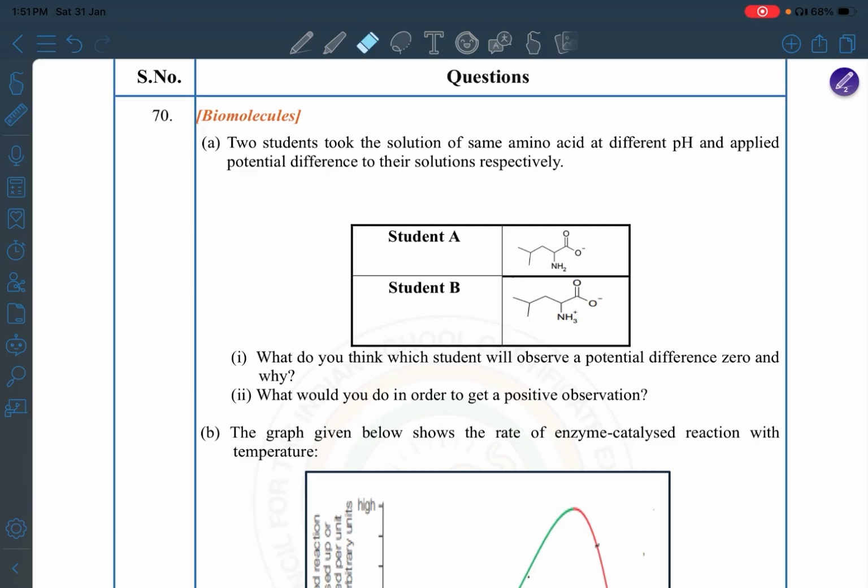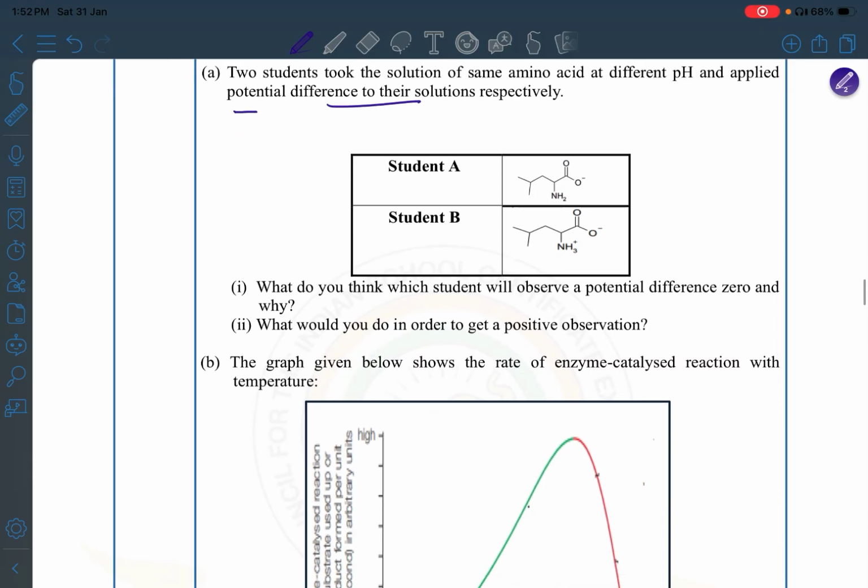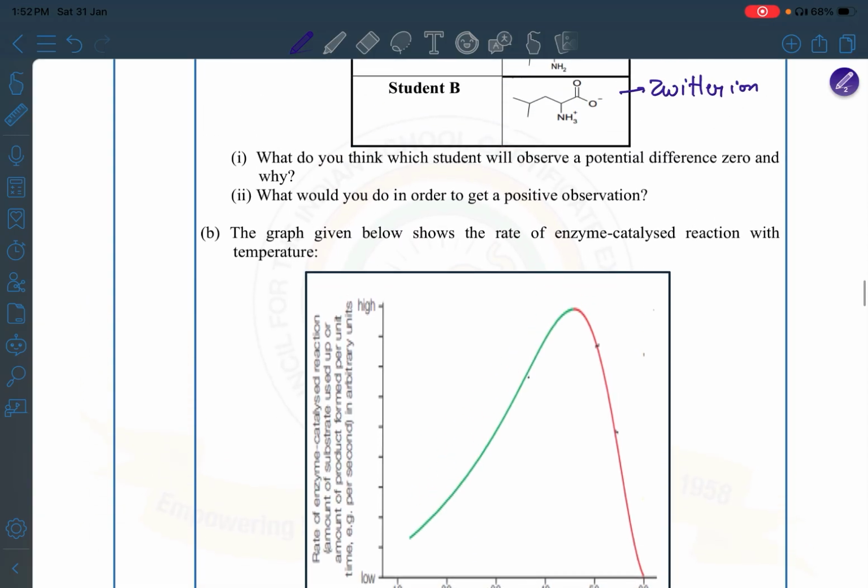Question number 70. Two students took a solution of the same amino acid at different pH and applied a potential difference to their solution. So this is an anion, and this is a zwitterion. Which student will observe a potential difference of 0, and why?